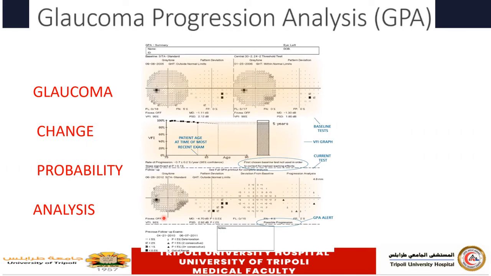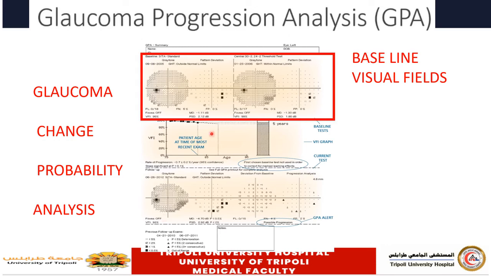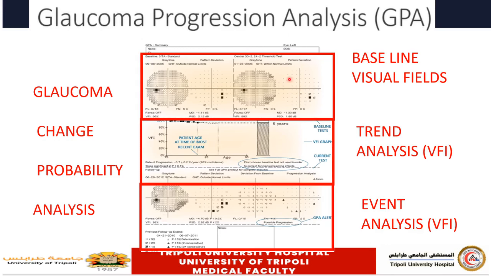The glaucoma change probability analysis is made up of three sectors. The first zone is the baseline visual fields. You should have at least two baseline visual fields to do this analysis. The second sector is the middle one, which is the VFI, that's the trend analysis and the VFI graph.